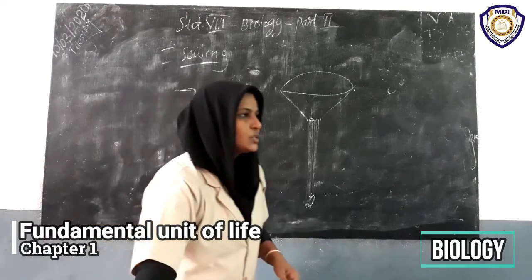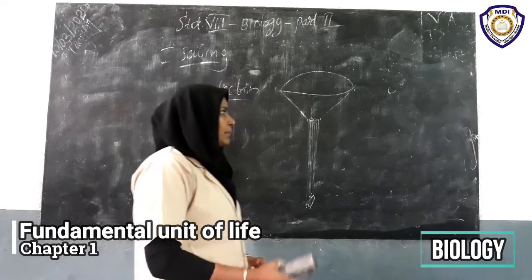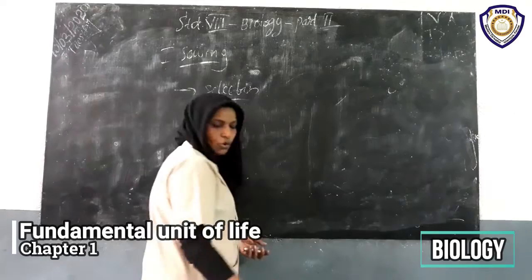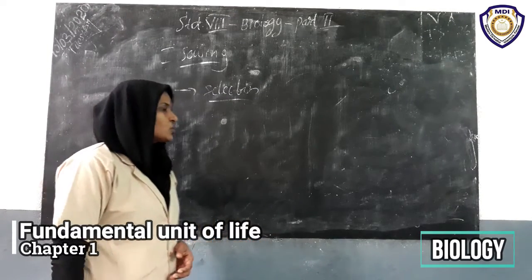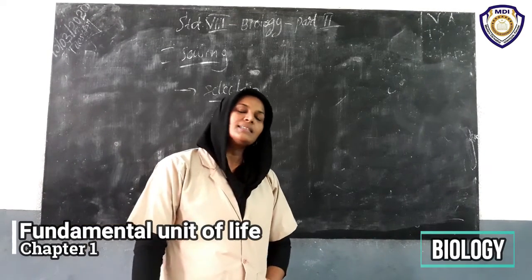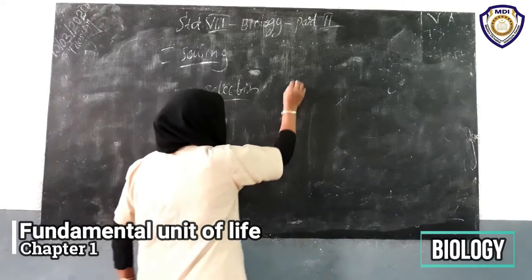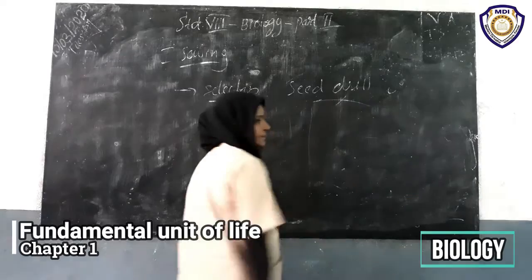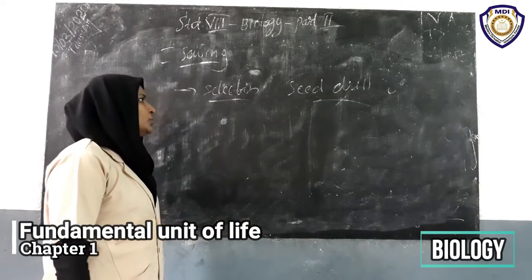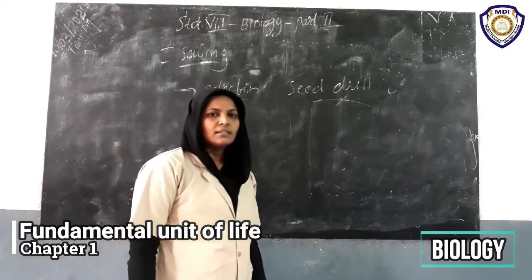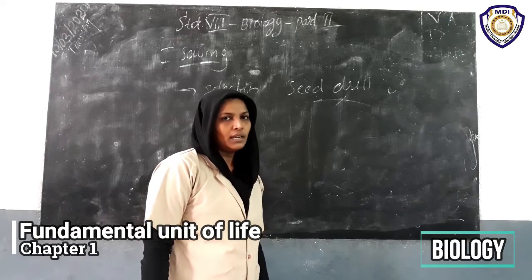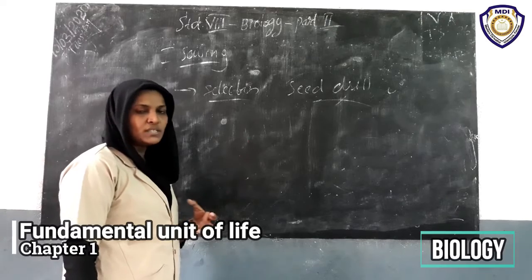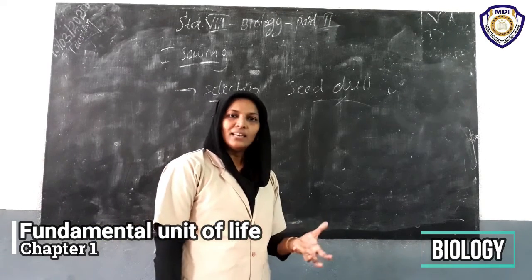Okay. So next, what do you know about the modern tools used for sowing? It is a seed drill. Children, look at your textbook. The diagram is given. What are the advantages of using a seed drill over the funnel?